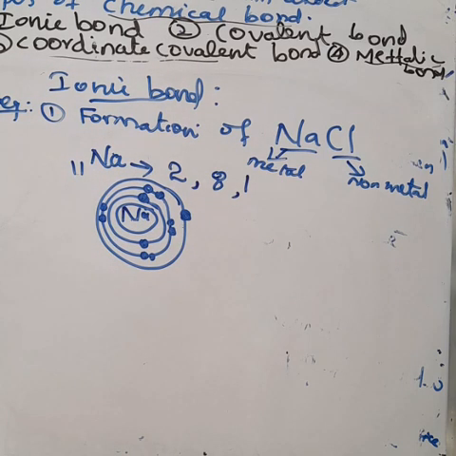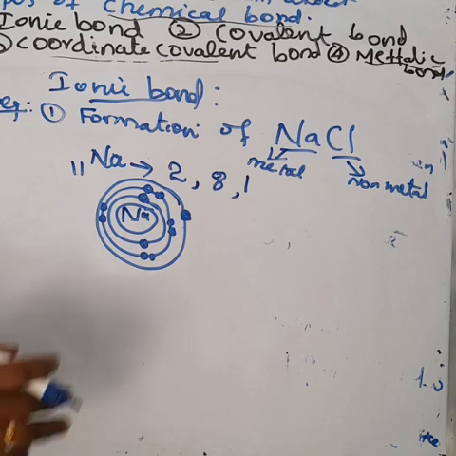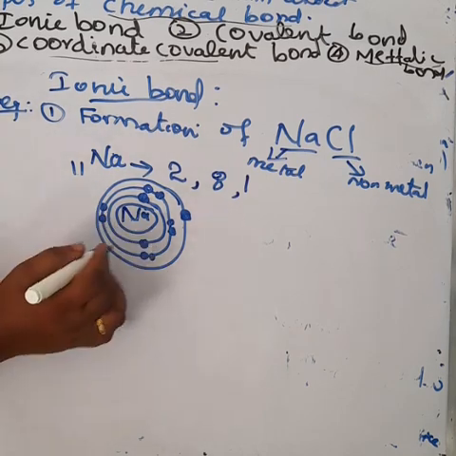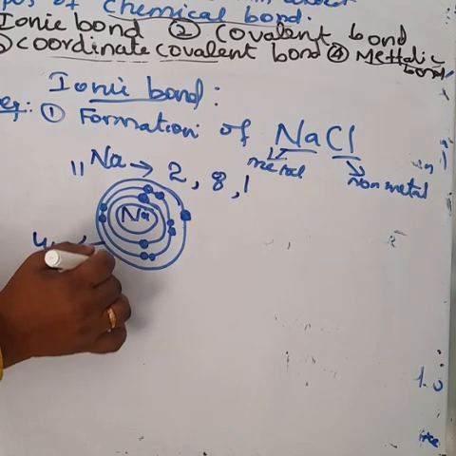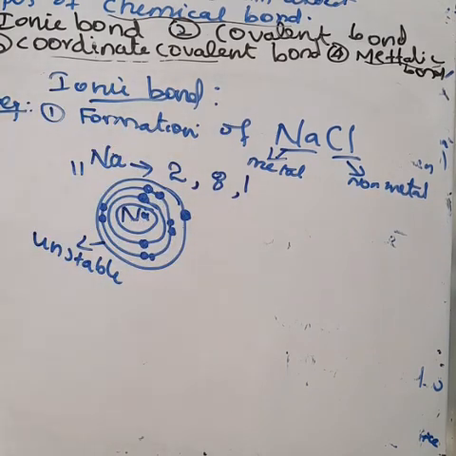Is the sodium atom stable or not? It is not stable, because there is only 1 electron in its outermost orbit.